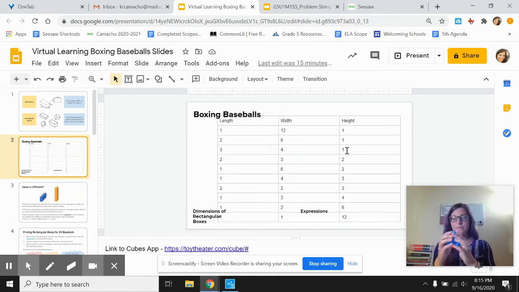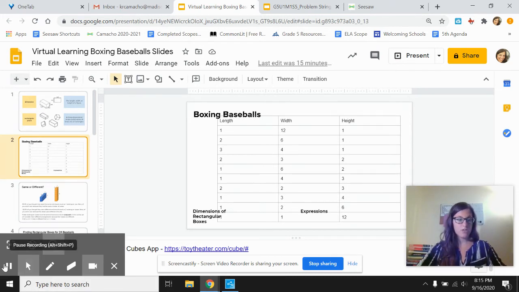Then I moved it to 2 layers, and we have 2 combinations that were 2 layers, a 2 by 3 by 2. And if I take this one and stack it, it's another 2 layer, a 1 by 6 by 2. Then we had a couple that were even 3 layers.